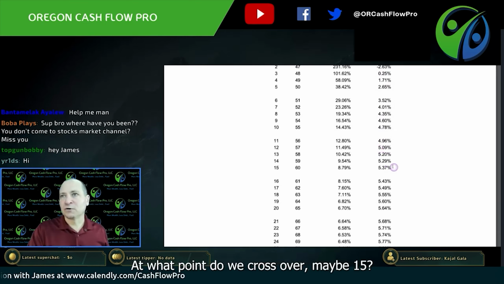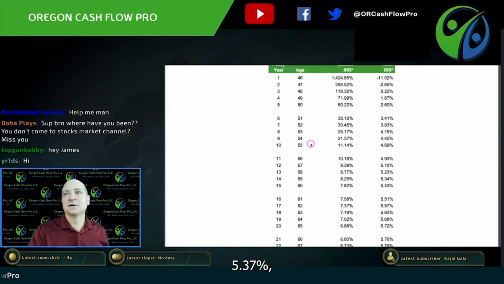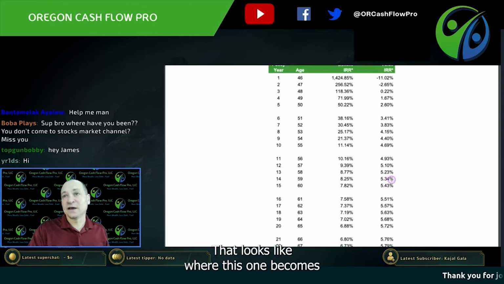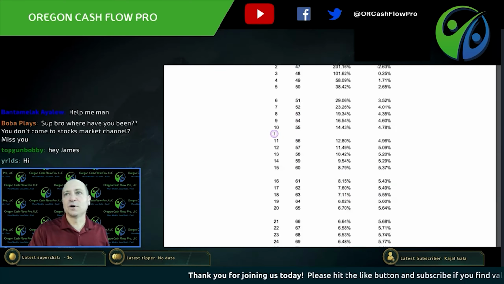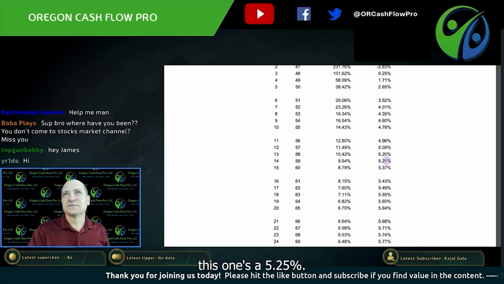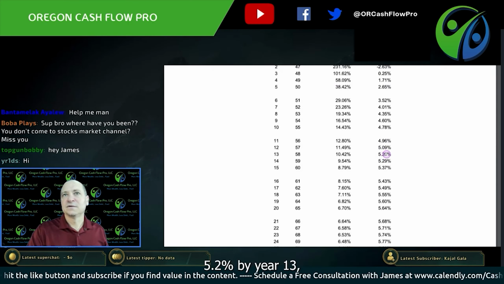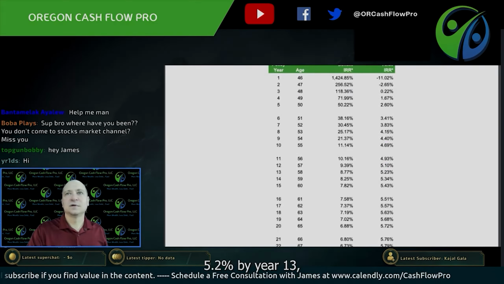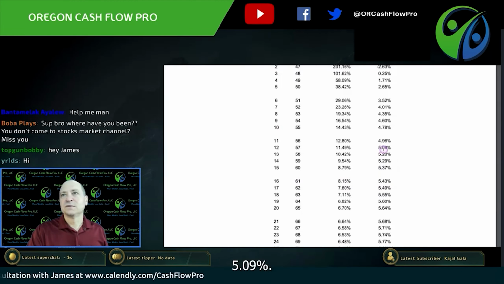At what point do we cross over? Maybe 15, 5.37, 5.43. Oh, that looks like where this one becomes better. At 14, this one's at 5.34. This one's at 5.25. Okay, so it actually broke even. It surpassed it sooner than that. 5.2 by year 13, 5.23, 5.1 by year 12, 5.09.